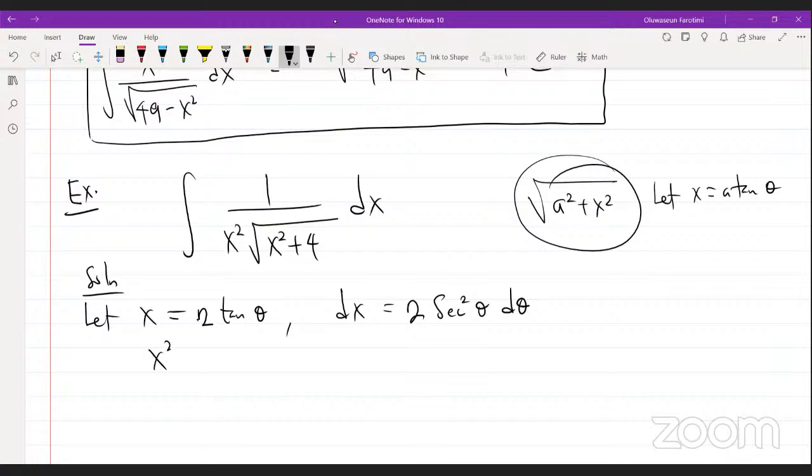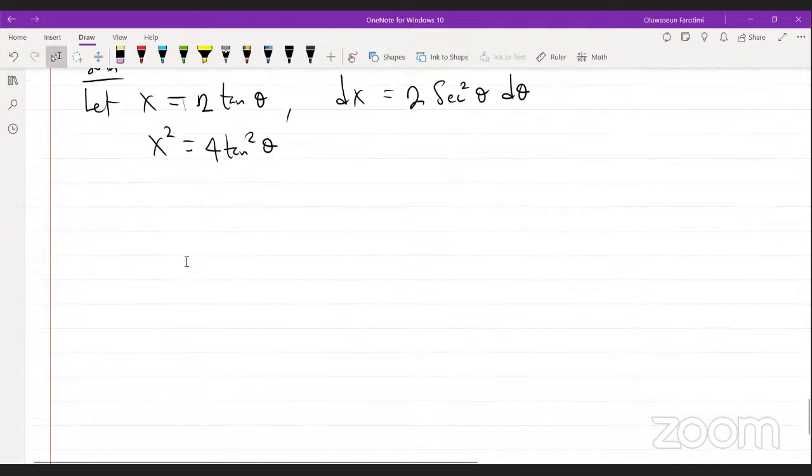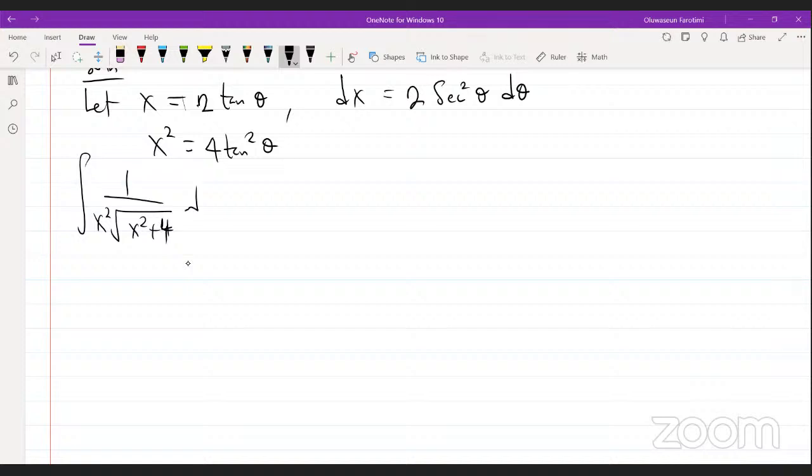But I need x squared. X squared is the square of this, so you have 4 tan squared of theta. It's getting interesting, guys. What do we know now? We're good to plug things in, right? So I have 1 over x squared times the square root of x squared plus 4 dx.